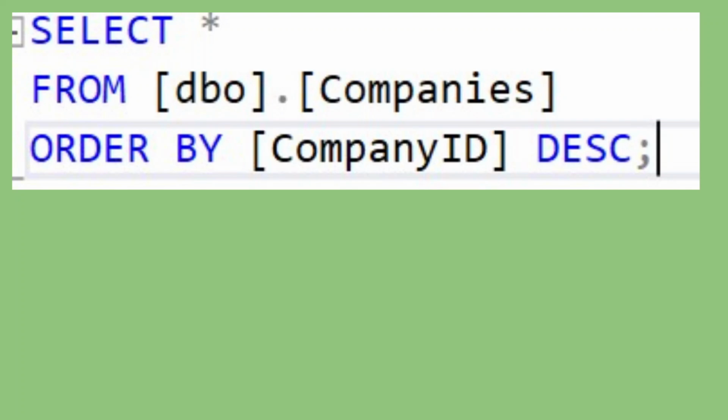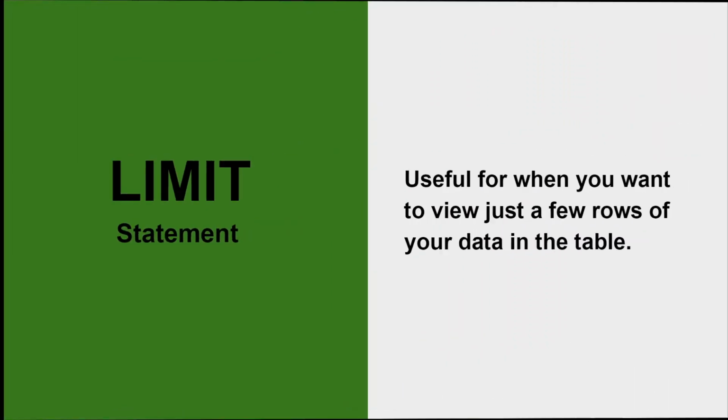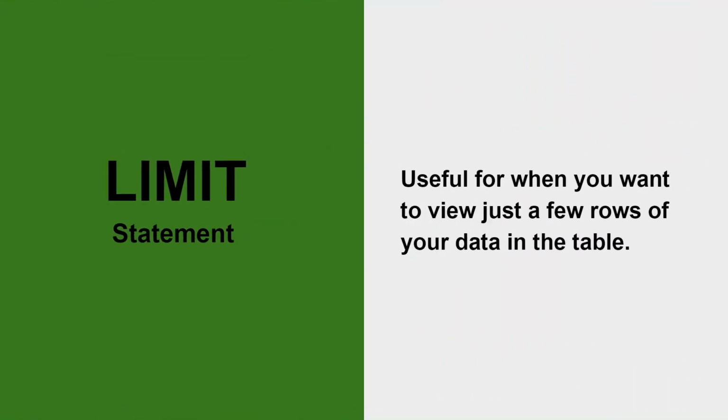All right, the last one we're going to talk about is the limit. For the limit statement, basically when you just want to see a few rows of data in your table, let's say we want to find out about Maggie, right? But maybe we did not know about order by or group by, or about sorting or filtering or ascending and descending. We just wanted to find Maggie's information.